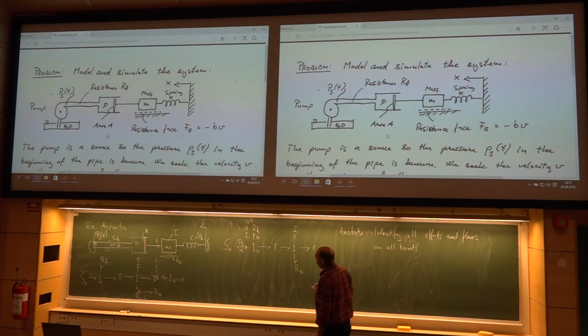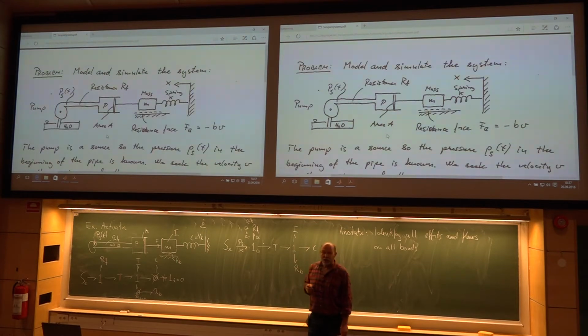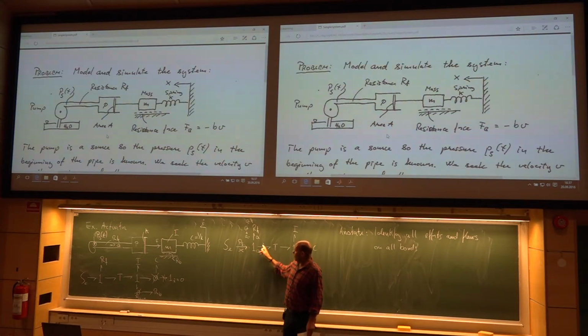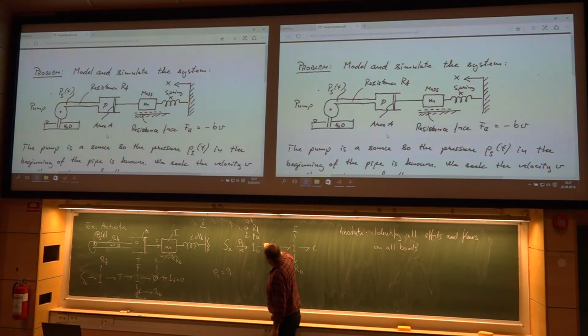Now we have one equation around these junctions, a zero junction and a one junction, namely the summation rule. The flow is constant, so the same flow on all these bonds, but the efforts have to add up to zero. So the first equation that we get is what comes into this one junction, PS, equals what comes out: pressure 1 plus pressure 2.